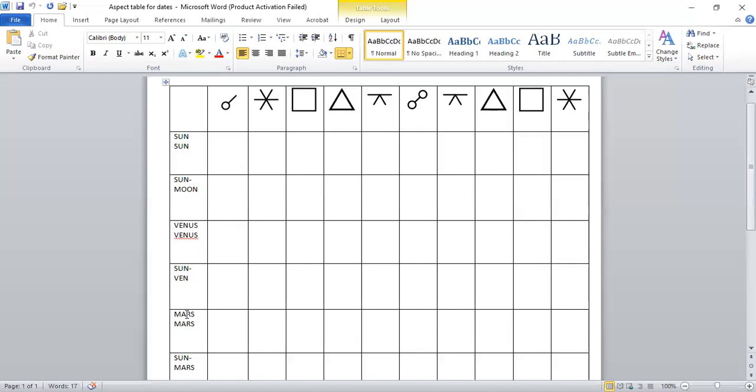All right, now the last few in here, I took more of the inner planets, like Venus to Venus. Venus has about a 3/4 of a year cycle, so it will change a little bit, Venus to Venus. But you still want to know this too. So Venus to Venus, what does that mean?